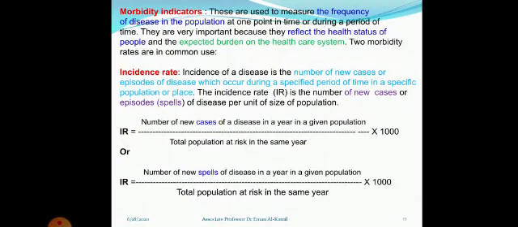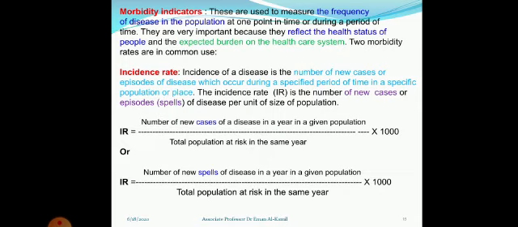They are very important to know the causes of different health problems, and what types of diseases we have in our community, in order to provide relevant healthcare services according to the number of existing cases and the number of new cases. So we have two types: the incidence rate and the prevalence rate.